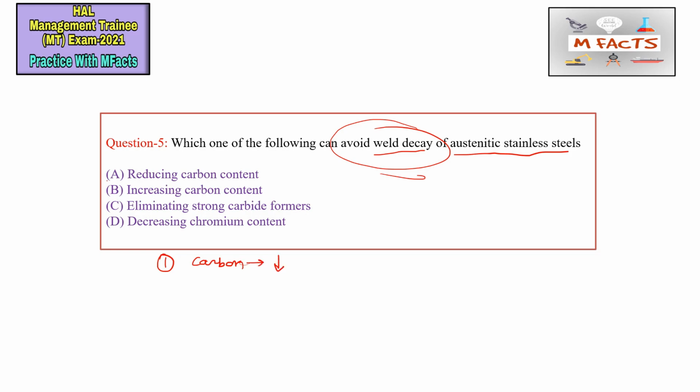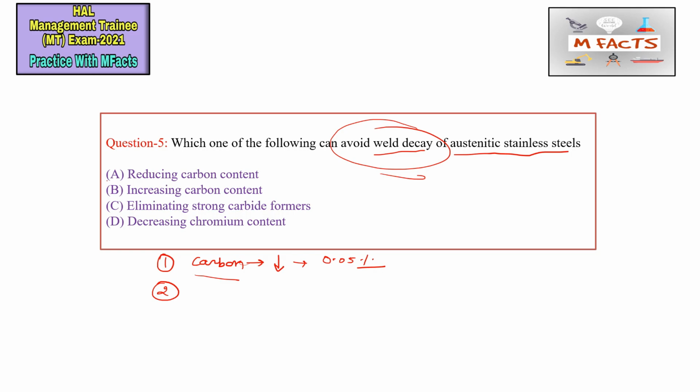By reducing the carbon level in austenitic stainless steel to 0.05%, we can avoid this phenomenon. So if we are able to reduce the carbon percentage, we can avoid weld decay.